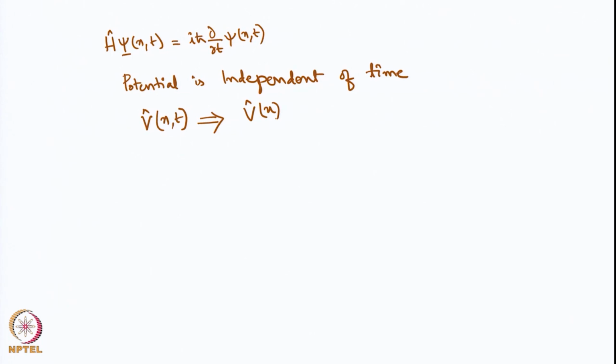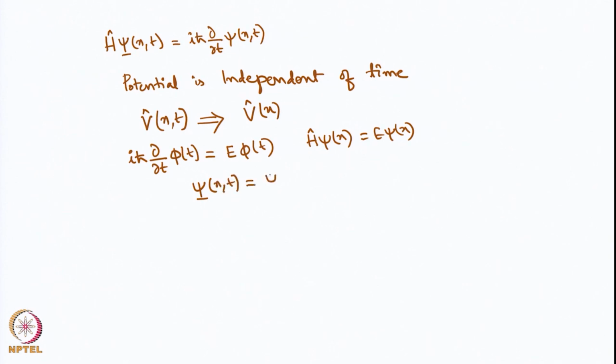we can get two different equations. One is i h bar d by dt of phi of t is equal to E phi of t, and H psi of x is equal to E psi of x, such that psi of x comma t is equal to psi of x multiplied by phi of t.